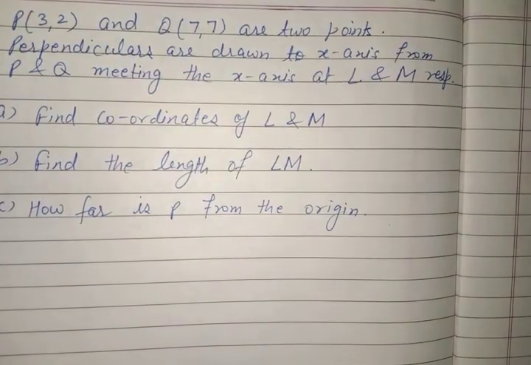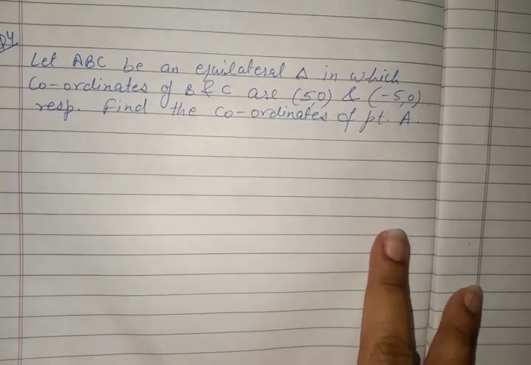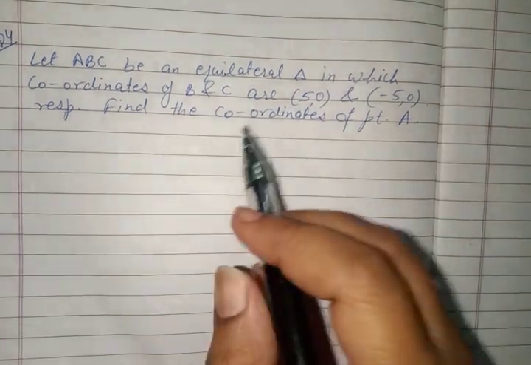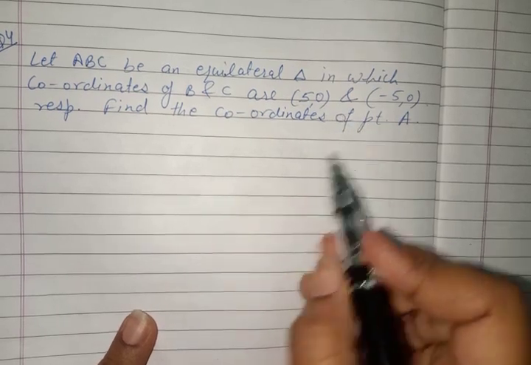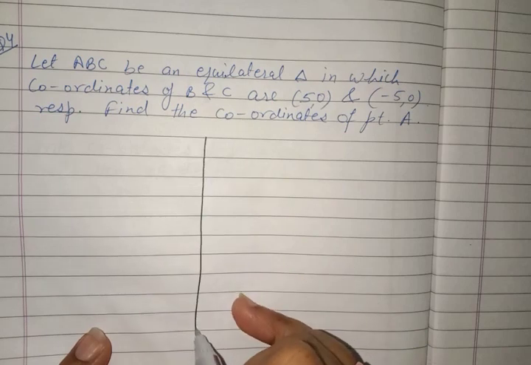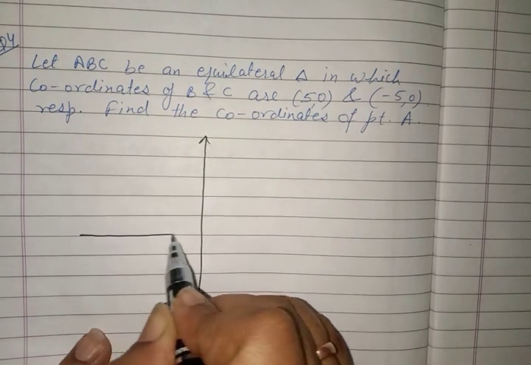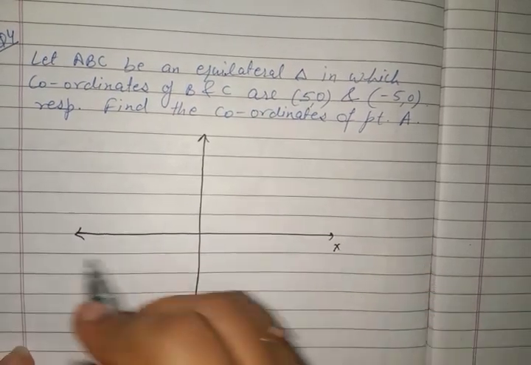Next is question number 4. Question number 4 says, let ABC be an equilateral triangle in which the coordinates of B and C are 5, 0 and minus 5, 0. For this also, the figure will be given to you in exam, or if it is not given, then also you need to draw the figure.